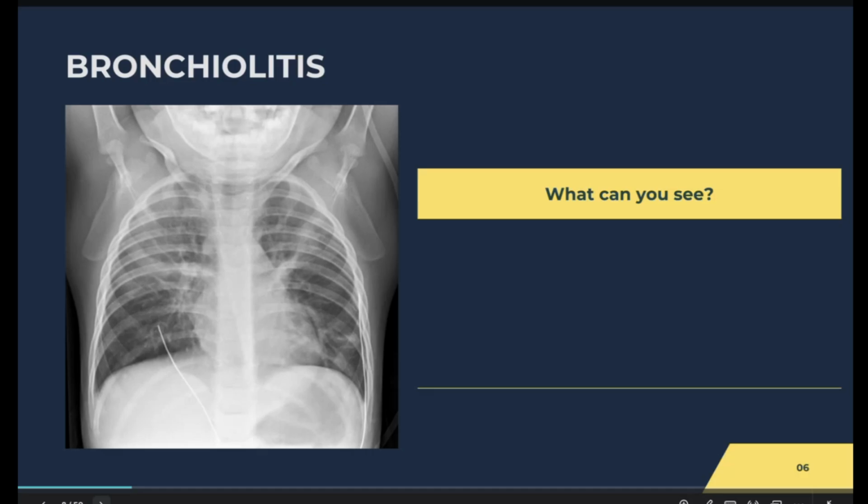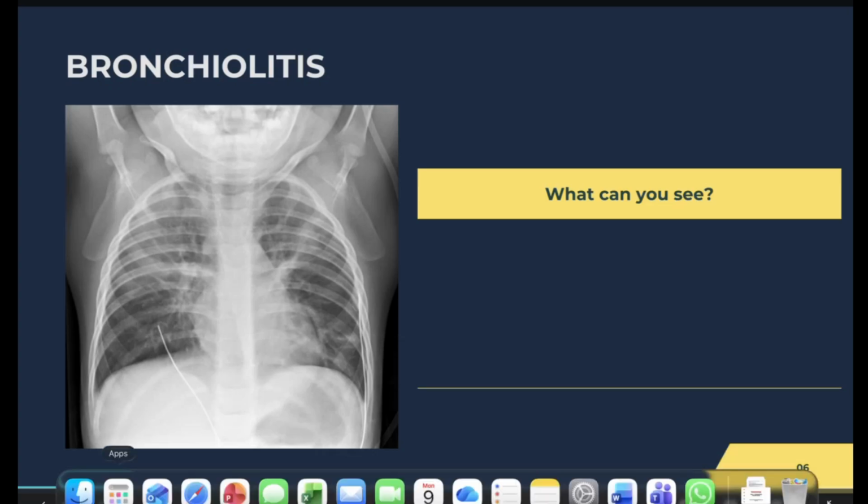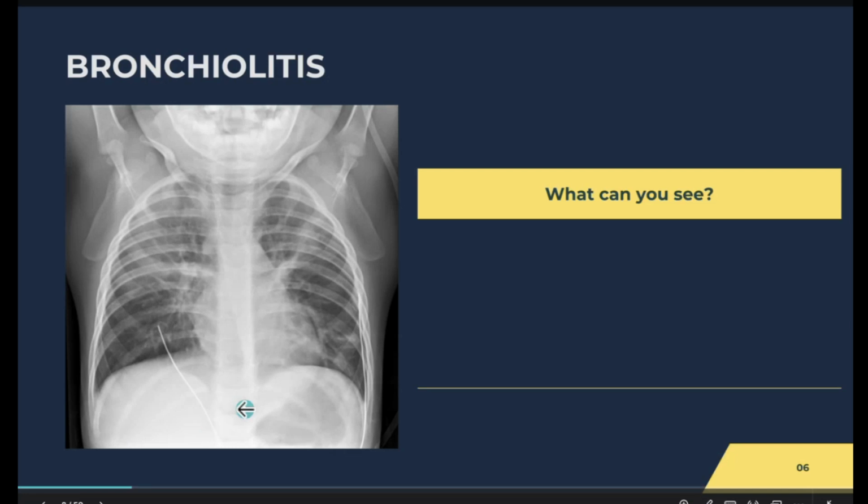Any ways you could describe bronchiolitis on the chest X-ray here? So Simon said linear atelectasis, peri and infrahilar regions. Yes, anyone else want to add something to that? Okay, if not, then.